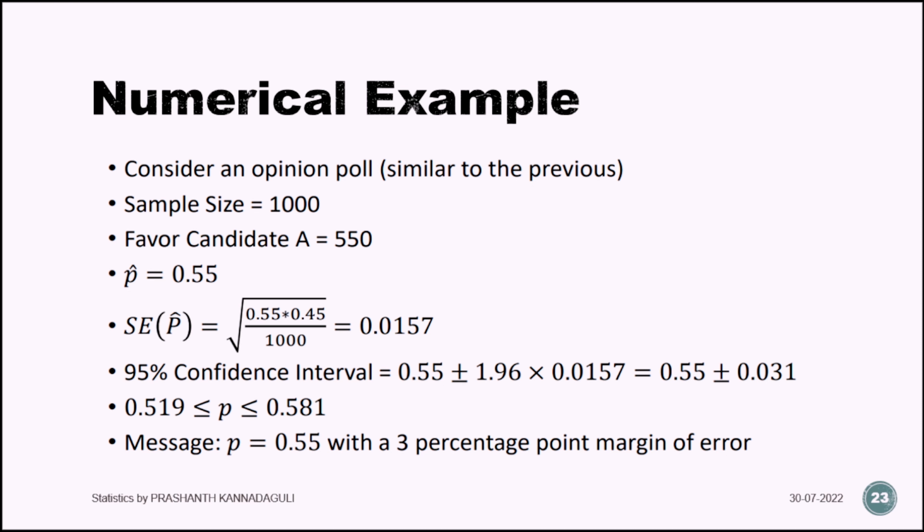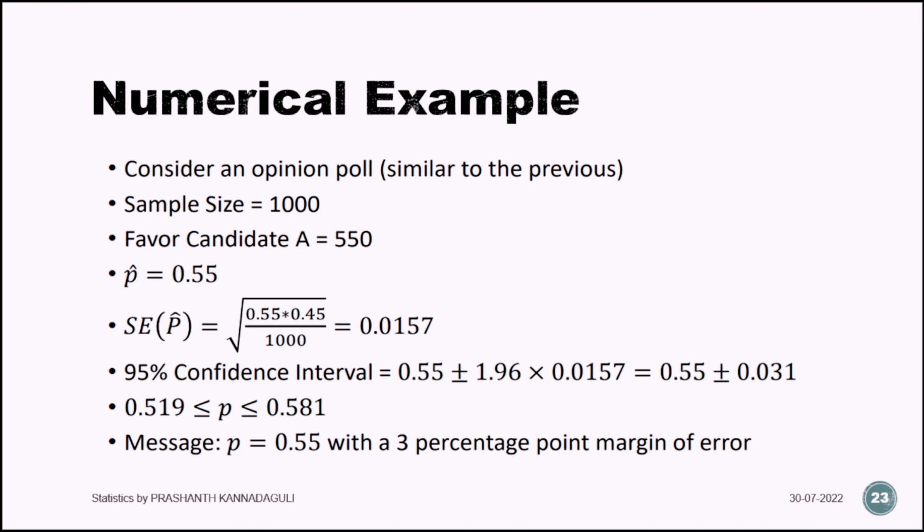Yeah, I'll explain that. So this part is fine. This is P cap plus or minus 1.96. That number came from the table, corresponding to 95%. And this is the standard error of P cap from the previous line. Multiplying these gives you 0.031.